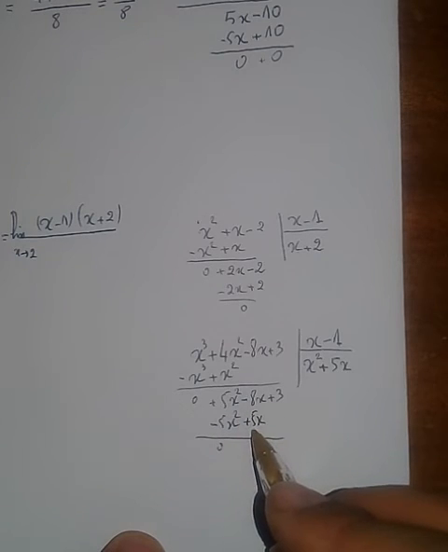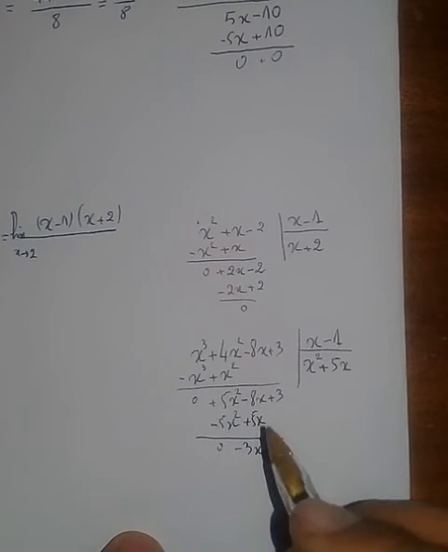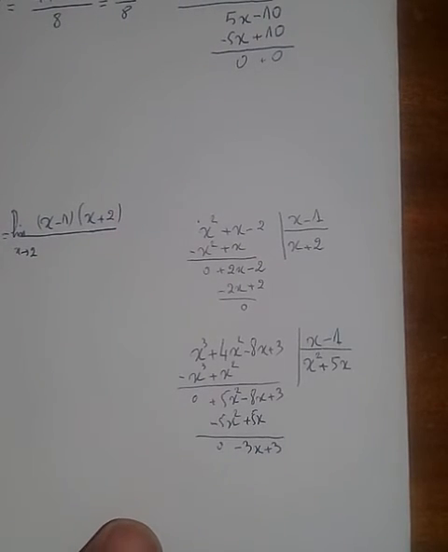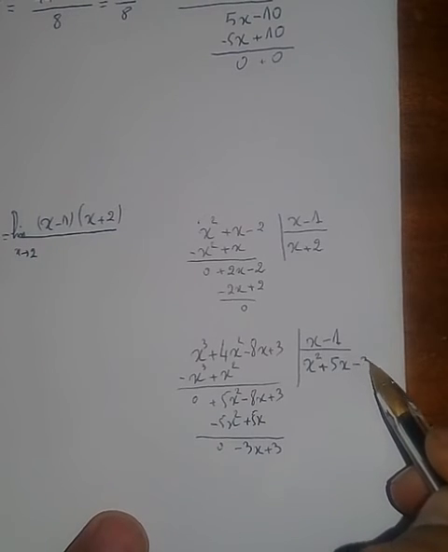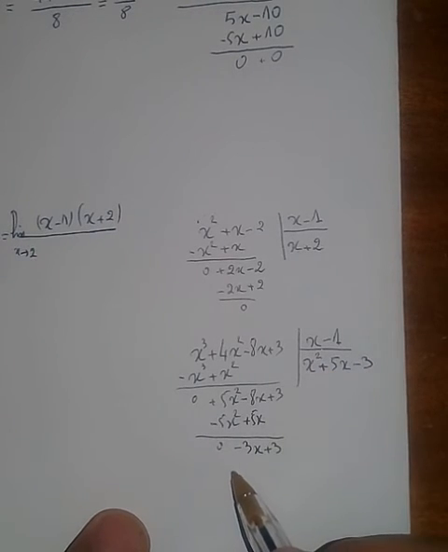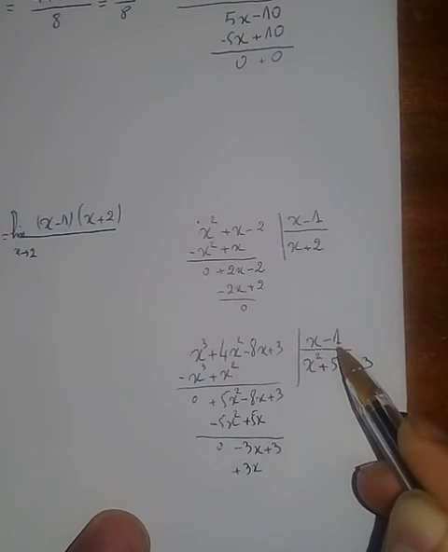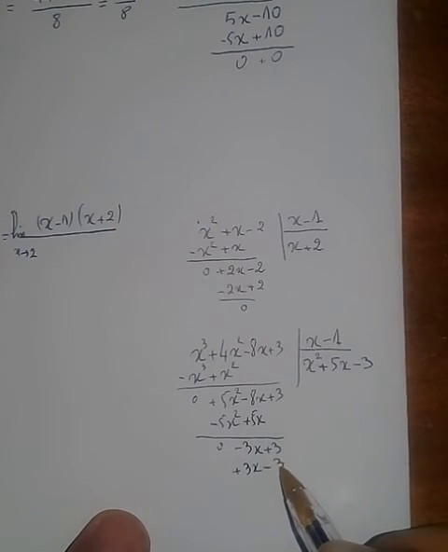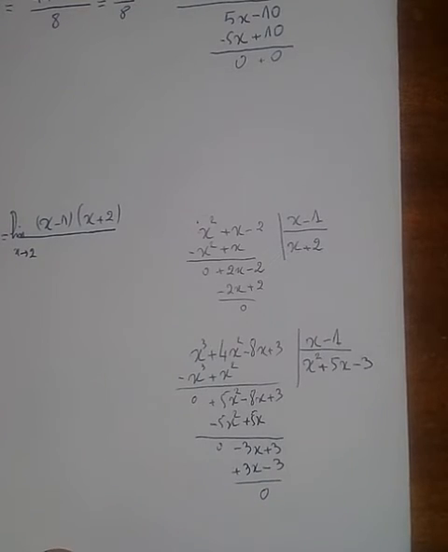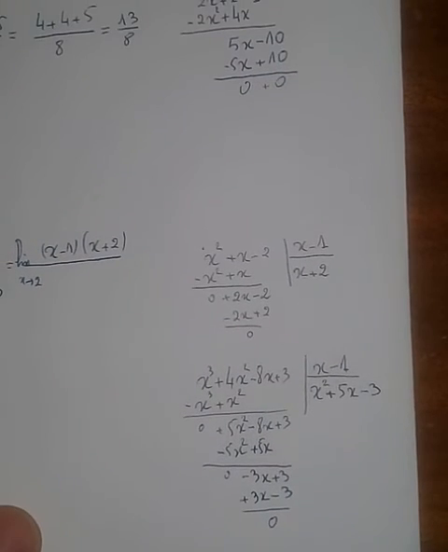Minus 8x plus 5x is minus 3x plus 3. Minus 3x by x is minus 3. Minus 3x, the opposite is plus 3x, plus 3. The opposite is minus 3, and the remainder is 0.